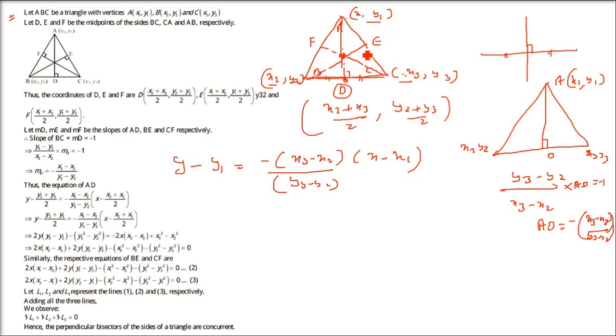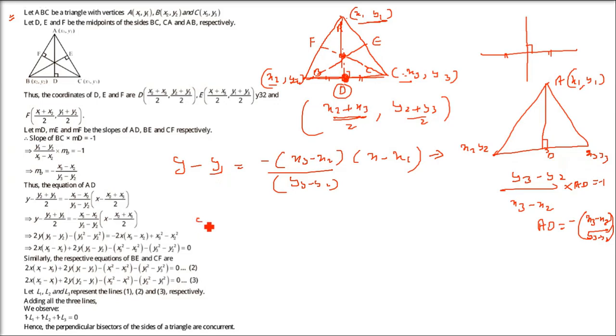But there is another way, because the actual equation we are not going to get, which we find in the final solution. So what we will do here is, we will not take this x1, y1 as x1, y1. We will take x1, y1 as (x2 plus x3) by 2 and (y2 plus y3) by 2. So this point D we will take as x1, y1 here.